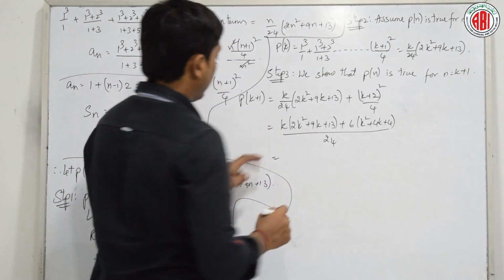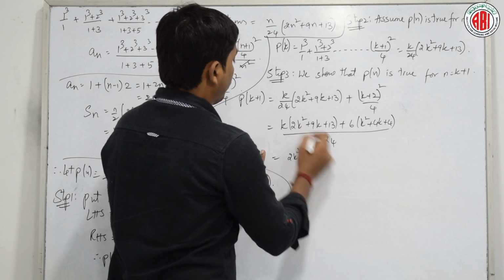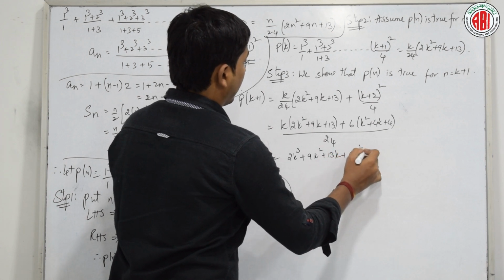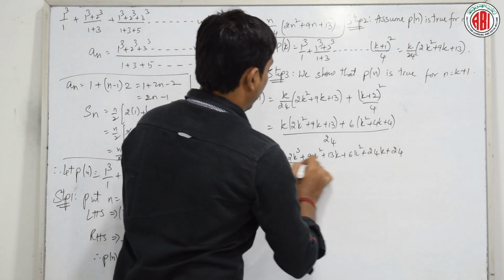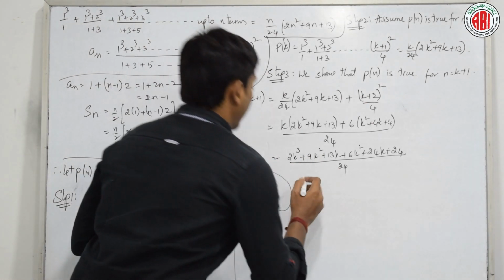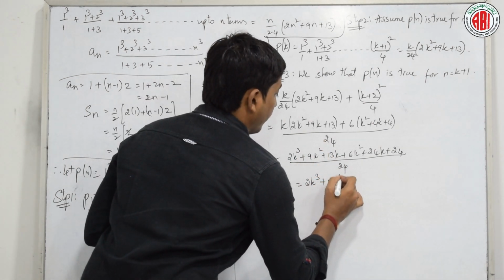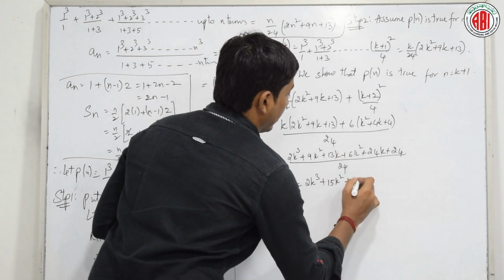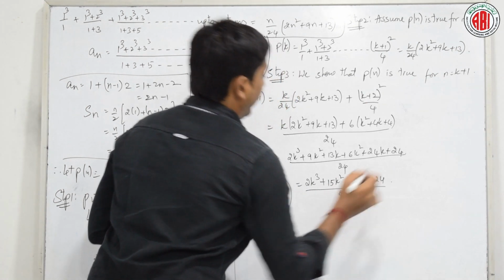That is equal to k into 2k square is 2k cube plus 9k square plus 13k plus 6k square, 6 4s are 24k, plus 6 4s are 24, divided by 24. Is it fine? Let us write it now. 2k cube plus 9k square plus 6k square is 15k square, 13k plus 24k is 37k, plus 24, divided by 24.